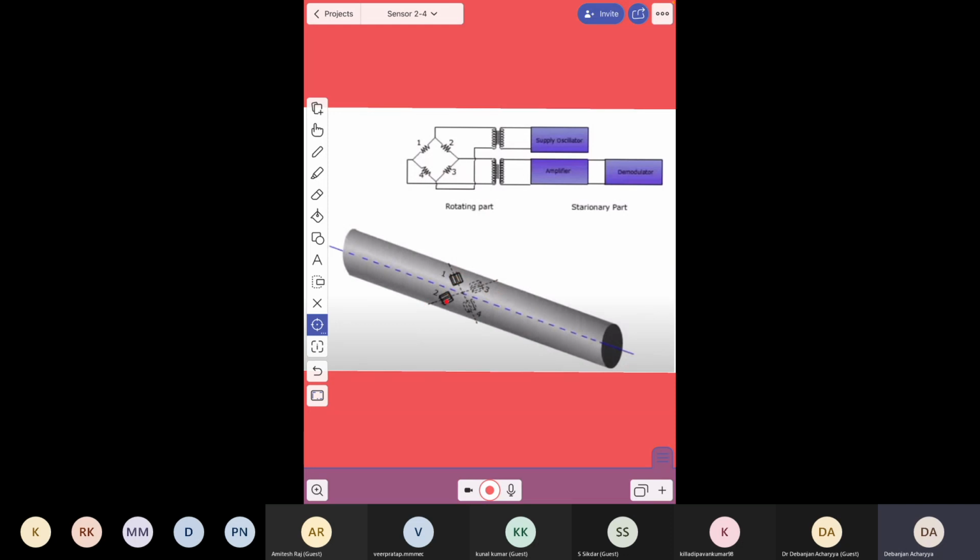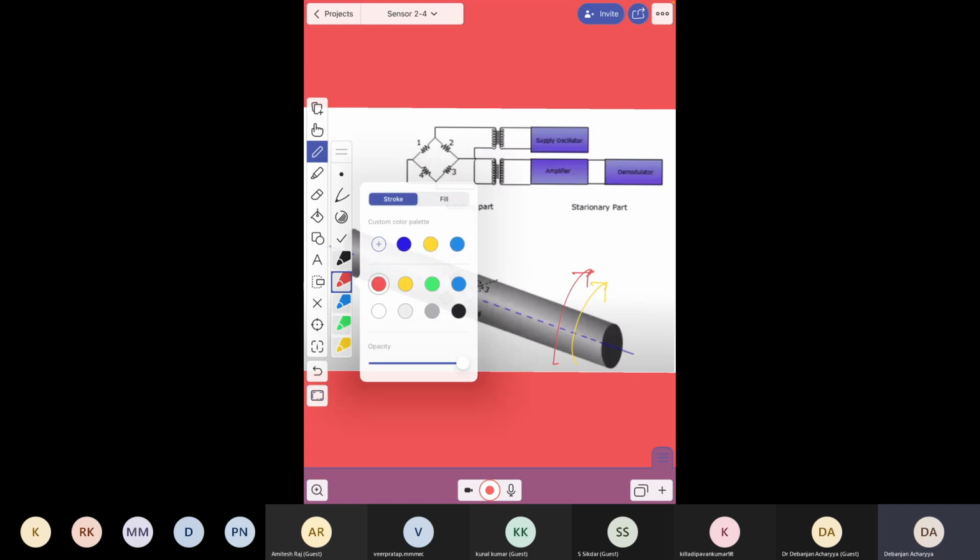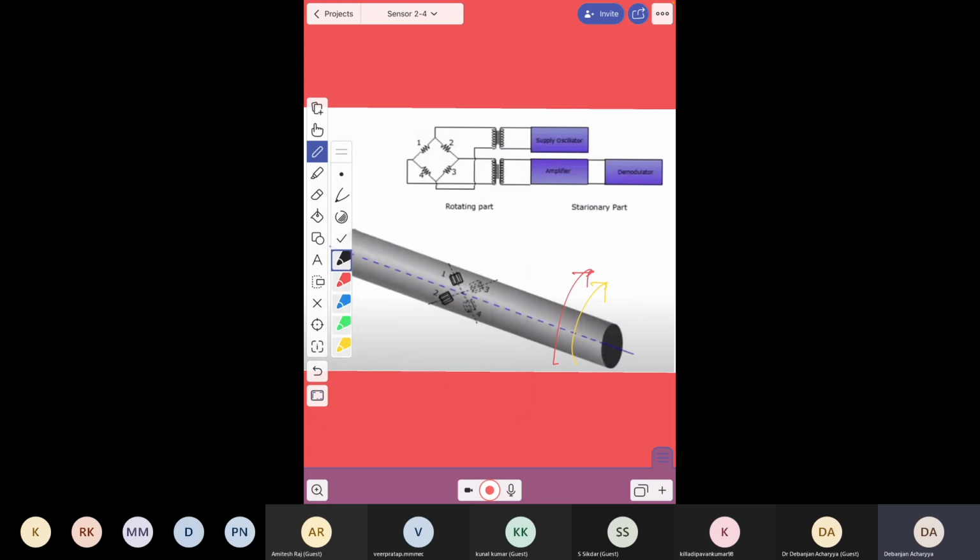So these 1 and 2 strain gauges are on top of this shaft. This is a kind of shaft which is rotating.